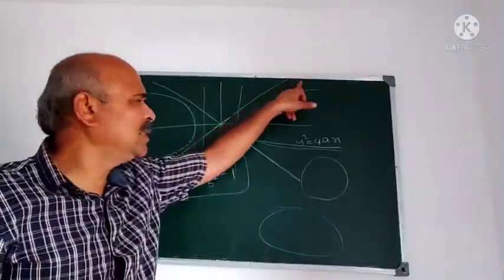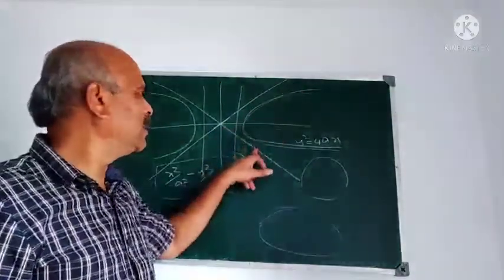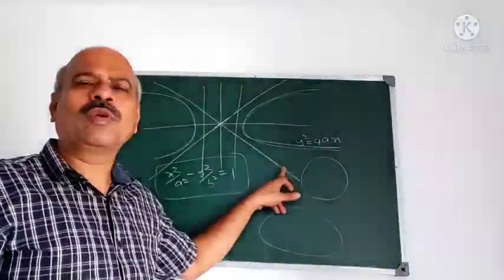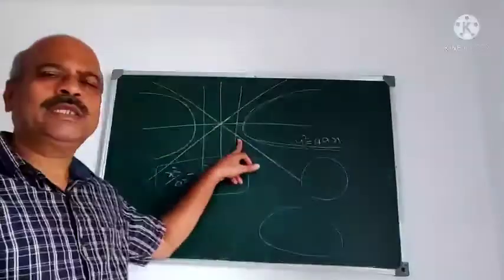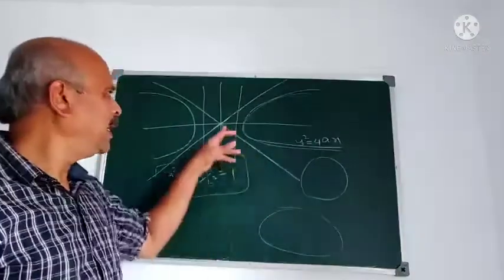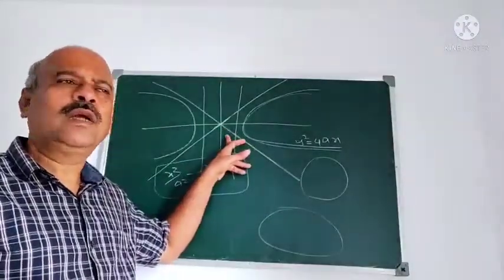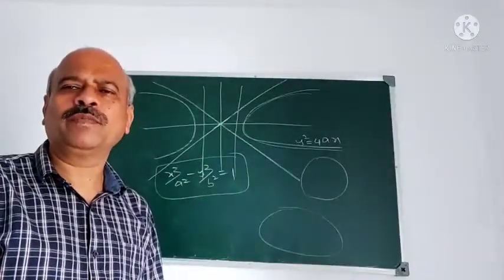This line touches the branch of the hyperbola at infinity. So an asymptote is a tangent to the curve at infinity, and in the case of conic sections, only the hyperbola has a pair of asymptotes.